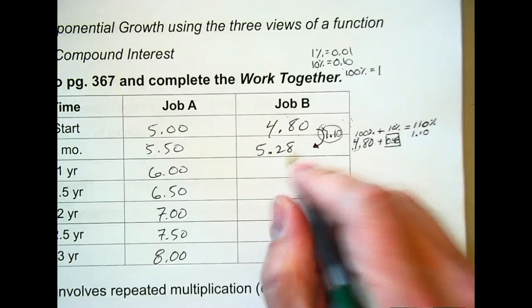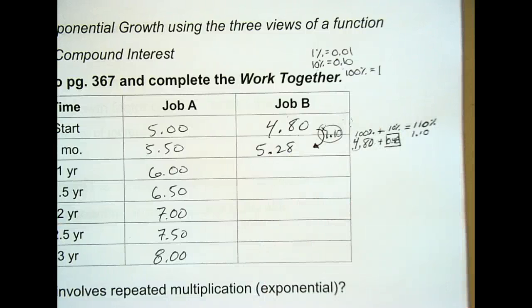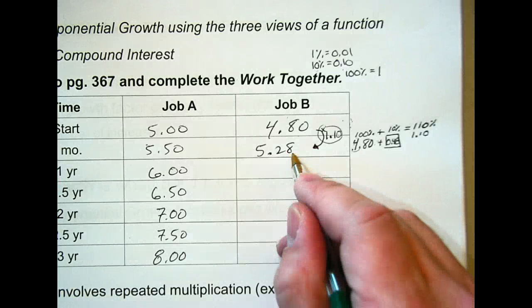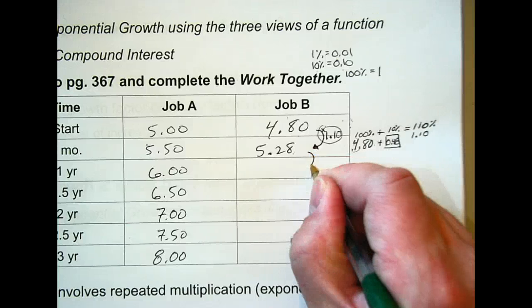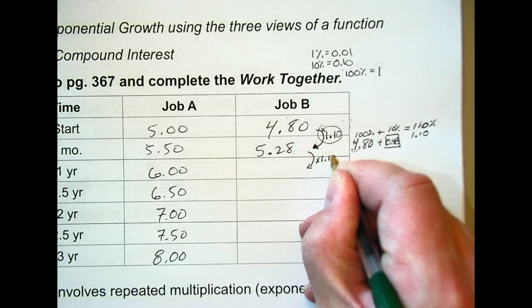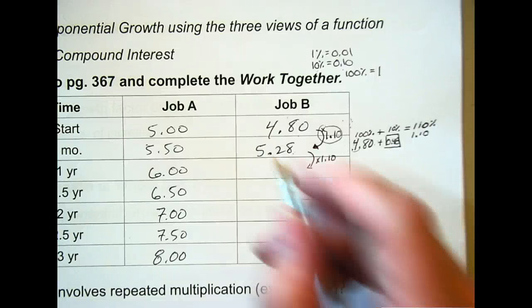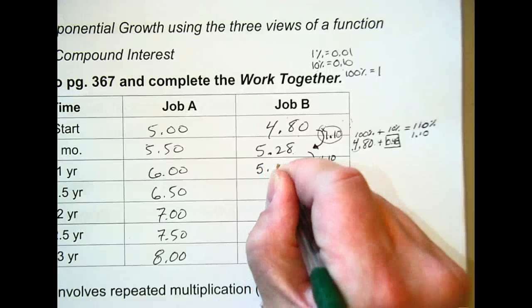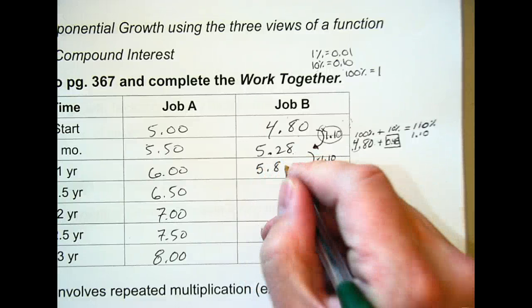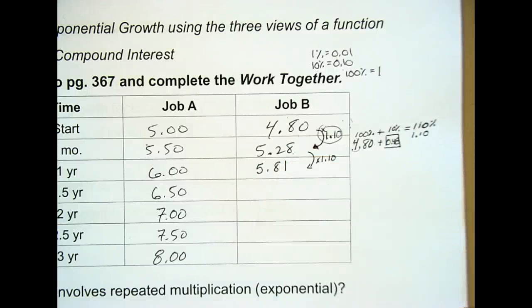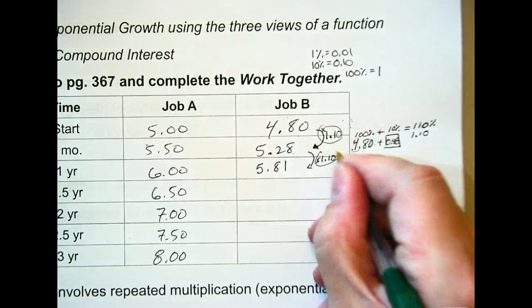Now take that 5.28. If you're still using the graphing calculators, if you just hit the times sign again, it'll say ANS for answer. It's taking this answer, the 5.28, and you're multiplying that by 1.1. What does that give you? 5.808, 5.81. Yeah, that is what you said. All right.